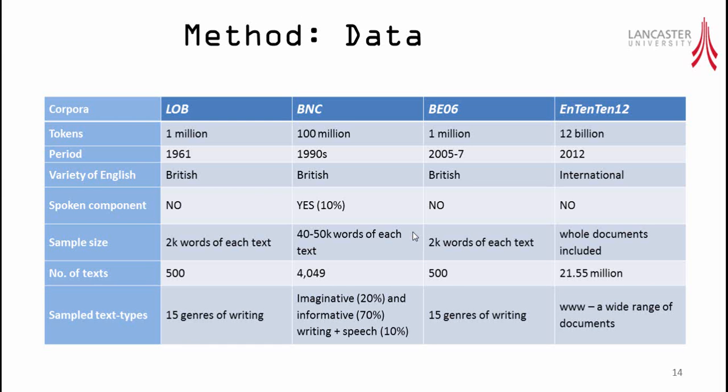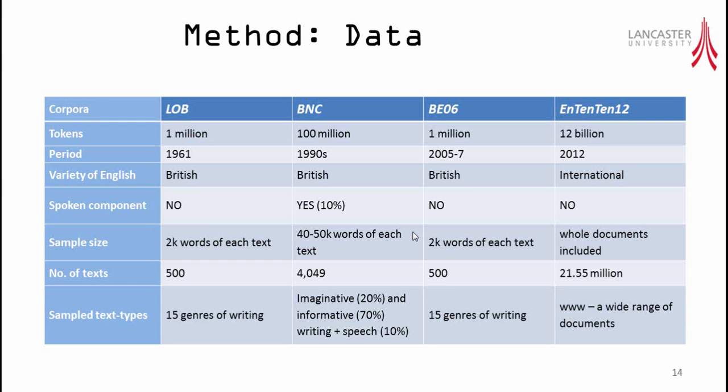As you can see, the corpora also differ in the period when they were compiled. LOB comes from 1961, EnTenTen 12 from 2012. The BNC is the only corpus in the sample that has a substantial spoken component, 10%, and they differ also in a number of other aspects, such as the sample size, number of texts, and text types that were sampled in the corpora.